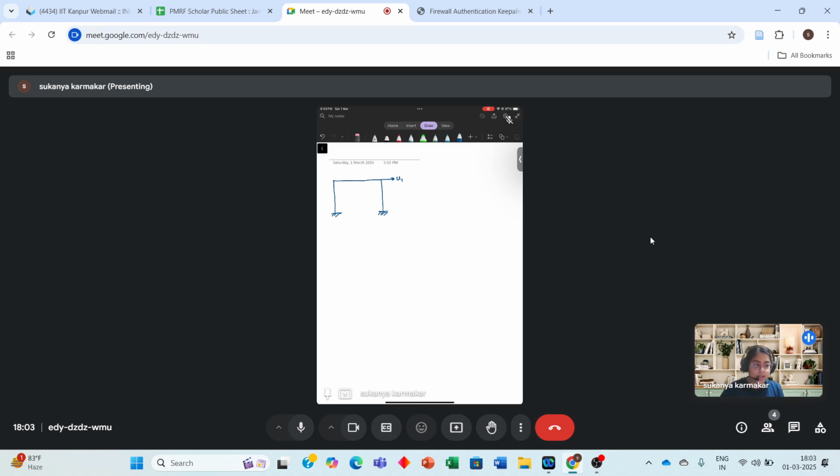So how many kinematic degrees of freedom does this frame have, assuming that the beam is rigid and the column is inextensible? The columns can rotate, and you will have one horizontal degree of freedom. These three are the kinematic degrees of freedom for this frame.